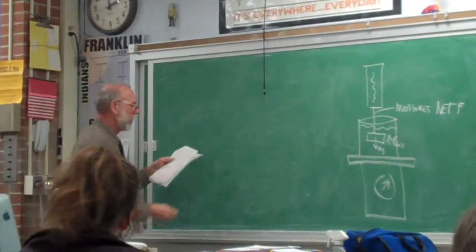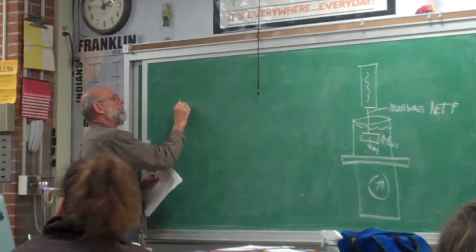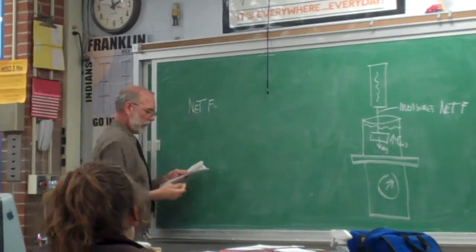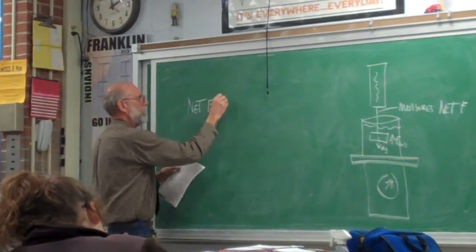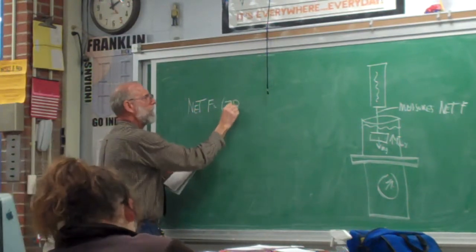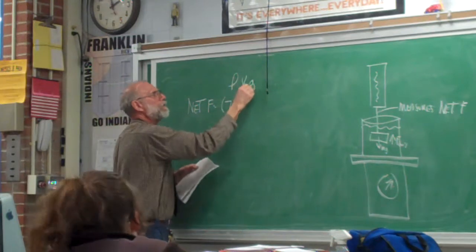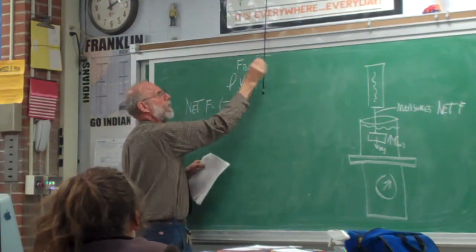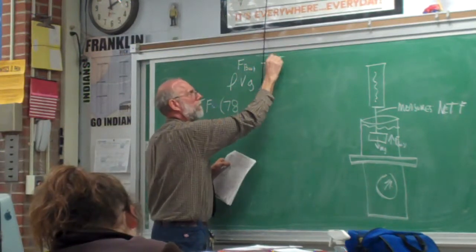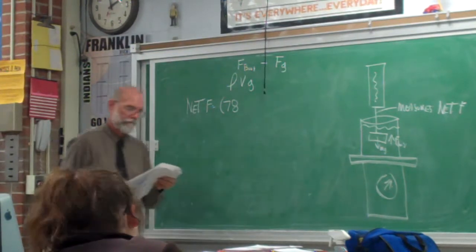Well, your net force then is going to be your weight, which is the density of iron, rho Vg. Okay, this is your buoyant force minus your gravitational force.